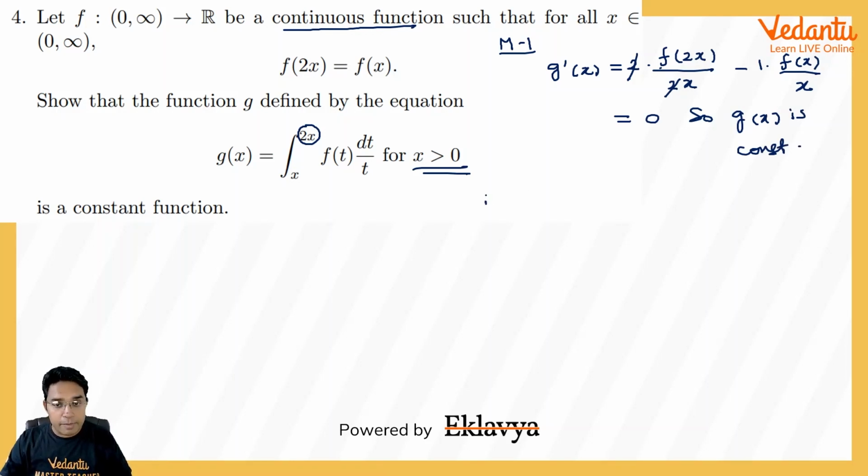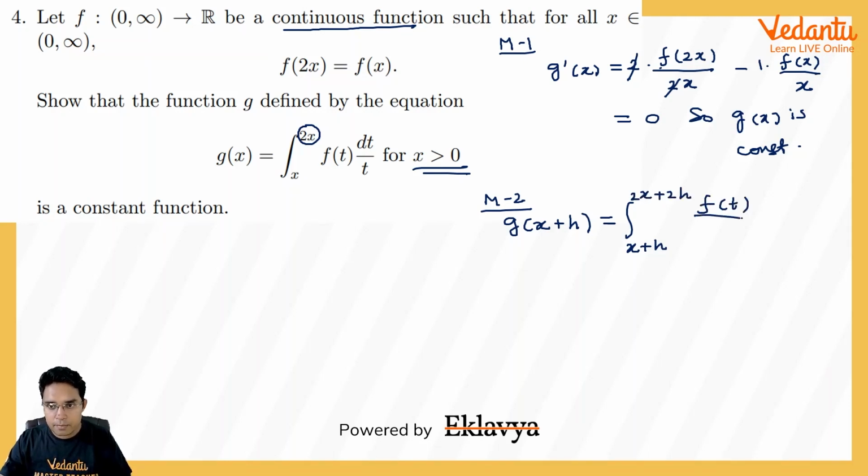So what can be another method? Please see the second method. My second method is that let us try to find g of x plus h. So we will write x plus h here, 2 times x plus 2 times h here, and f(t) upon t dt.